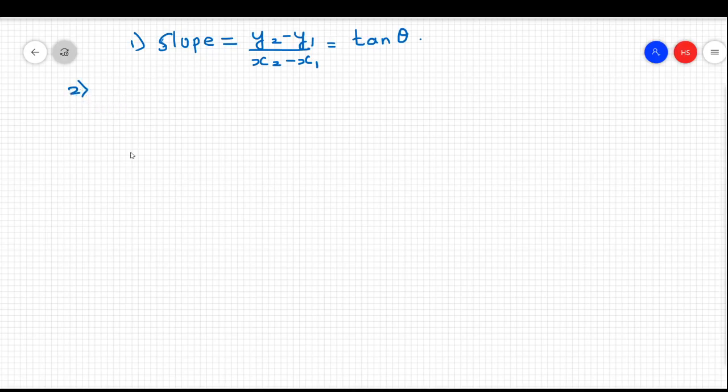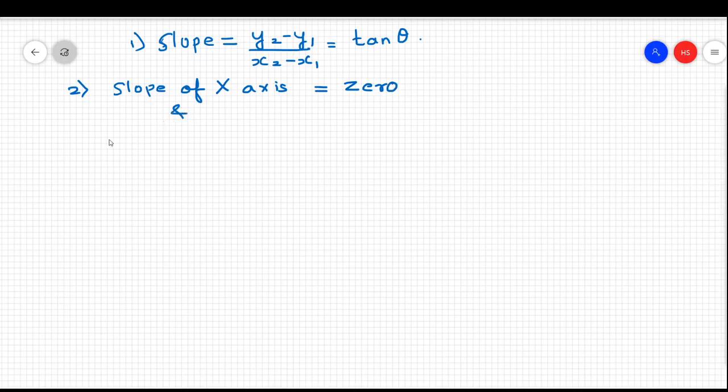What was the second property? If you can recollect. Second property: if I want the slope of x-axis, how much was it? 0.